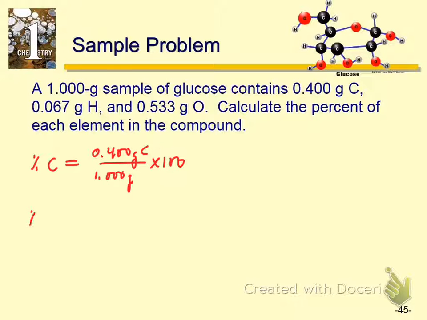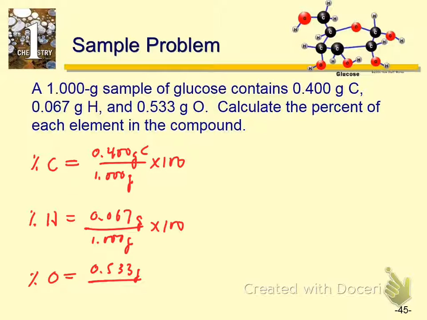My hydrogen would be 0.067 grams over 1. And my oxygen would be 0.533 grams over 1 gram times 100.